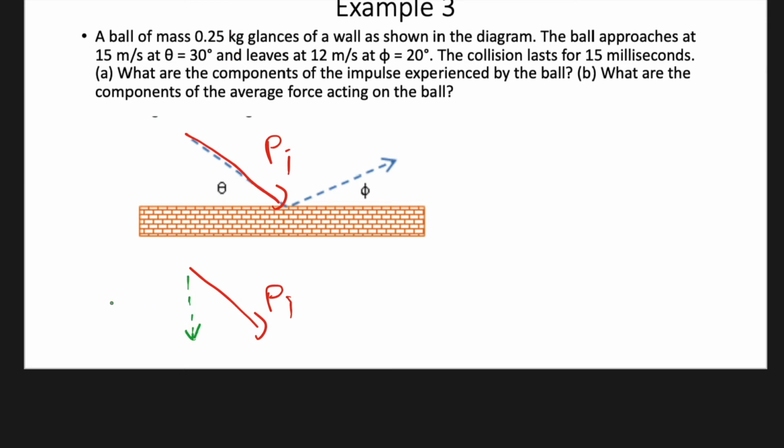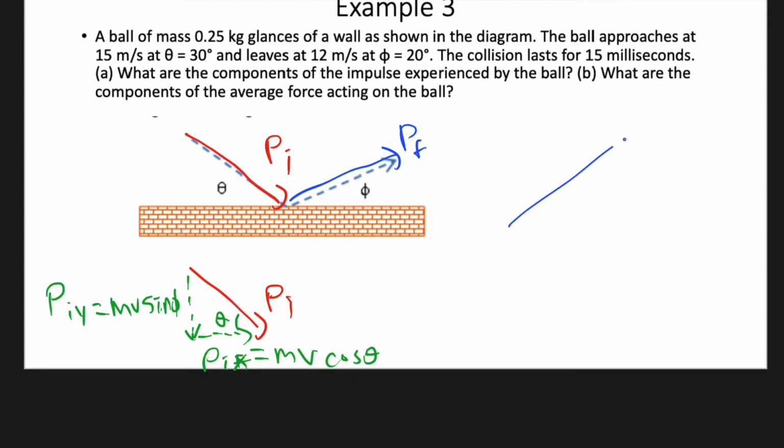The horizontal component is mv sine theta, and the vertical component is mv cosine theta. And here, let's say this is your final momentum, pf. Same thing, separate it into different components.